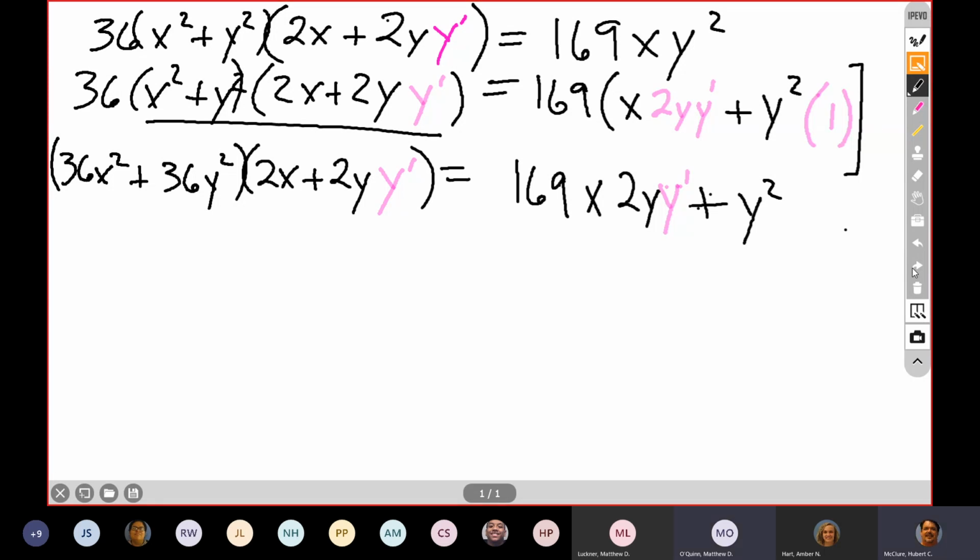So let's go. I'm going to do it again. I'm not going to look at my notes because if I got an error on my notes, I don't want to. I don't think I do because I think I got the right answer. So 36, that's the first. So that's going to be 72 x to the third.